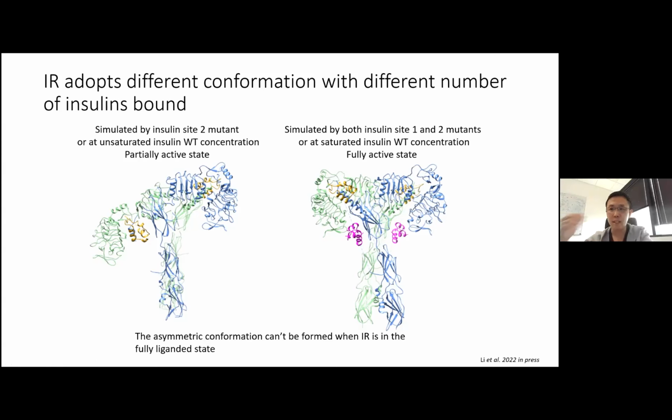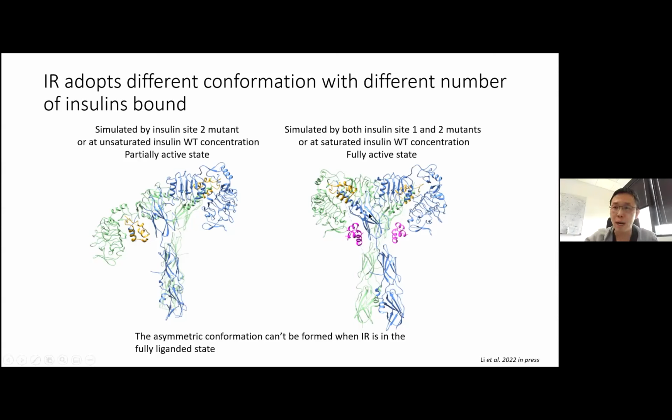That suggests the asymmetric conformation cannot be formed if the insulin receptor is fully occupied by insulin, right? And our structure can explain why this happens.